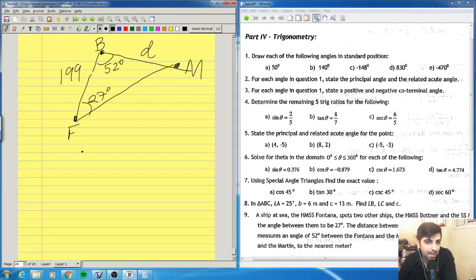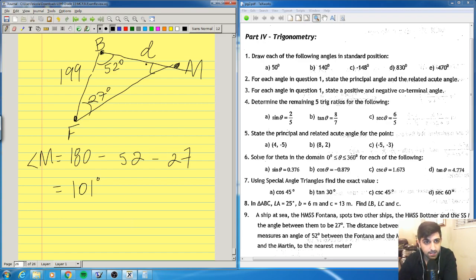So here I clearly have to use sine law. You can't use SOHCAHTOA because there is no right angle, and you'll see that in a moment, because all angles add up to 180, and so I can find angle M. So 180 minus 52 minus 27 is going to be angle M. And so 52 plus 27, that's 79, and so you get 101 degrees.